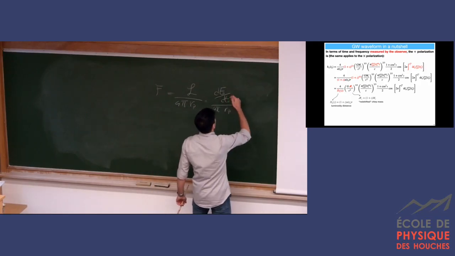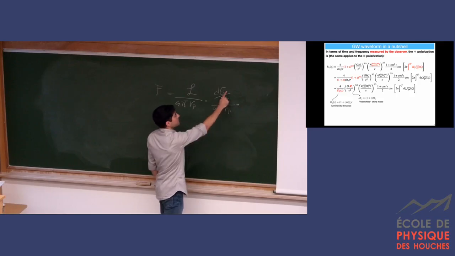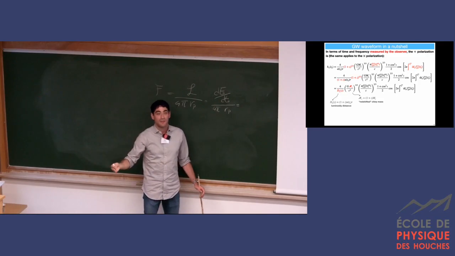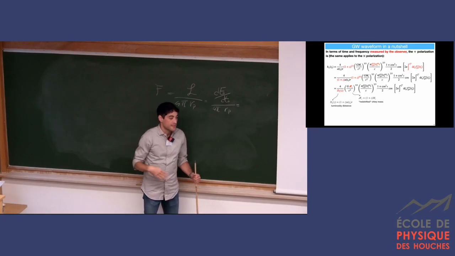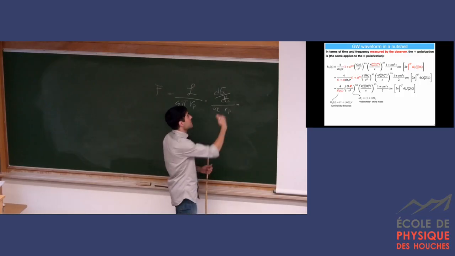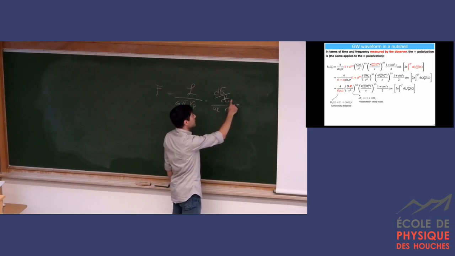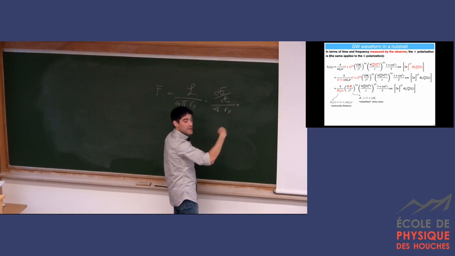And this gives you a factor of 1 over 1 plus z, because if you think about the energy, taking a quantum mechanics argument, you can write it as h bar omega. It's a frequency, so the frequency gives you a factor of 1 over 1 plus z. And you also have dt in the denominator, which gives you another factor of 1 plus z.